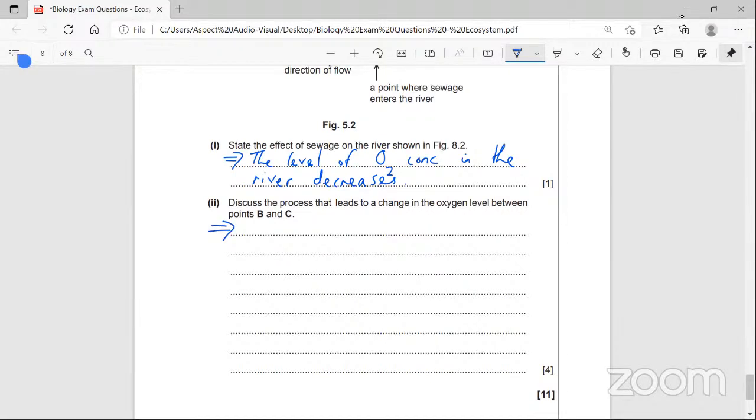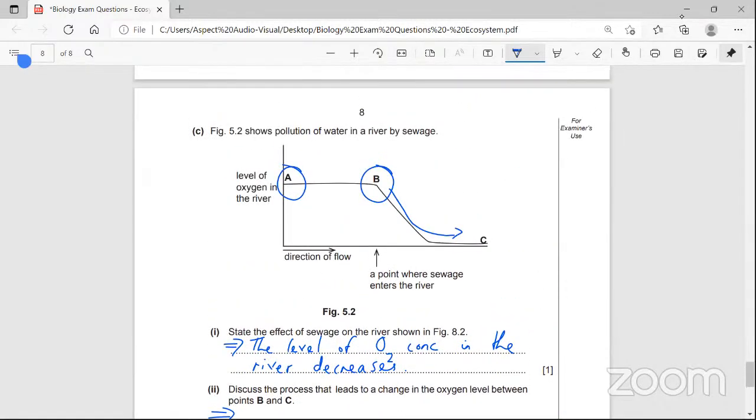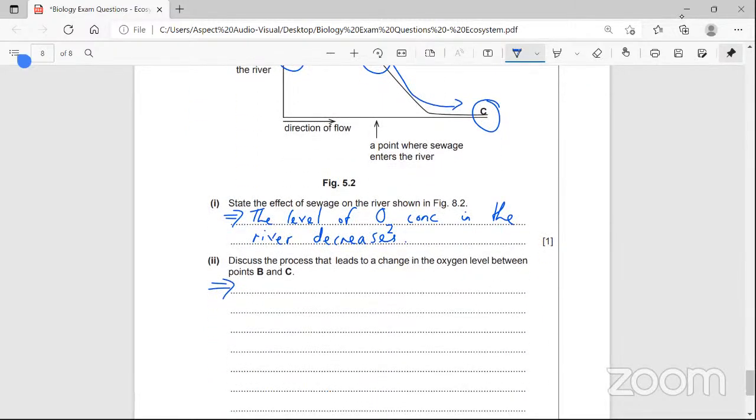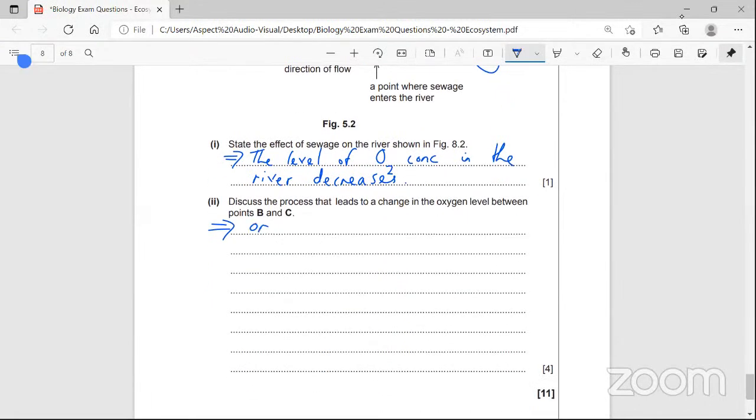Now they say discuss the process that leads to a change in the oxygen level between points B and C. So what's happening there at B and C? You need to state the introduction of organic matter.